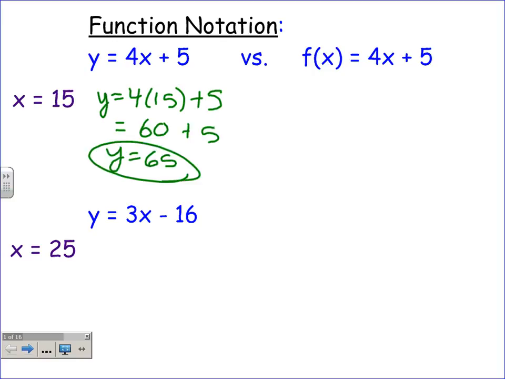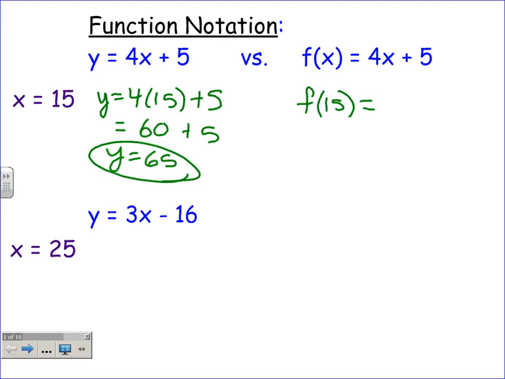Now, there's also something called function notation. All it's saying is there's some function. That's what the f means, function. The variable that we're going to use in the function is going to be x. So the right side of it looks identical, right? It's 4x plus 5. The same thing over here is 4x plus 5. So all this is saying is a function in terms of x. So if we wanted to substitute 15 in for it, we would just write f of 15.